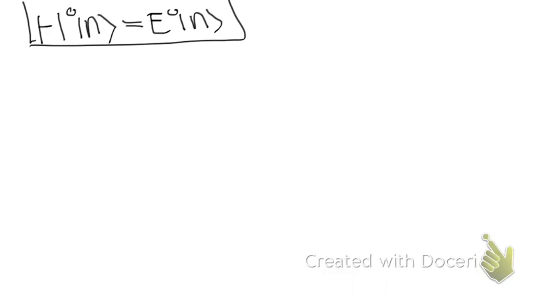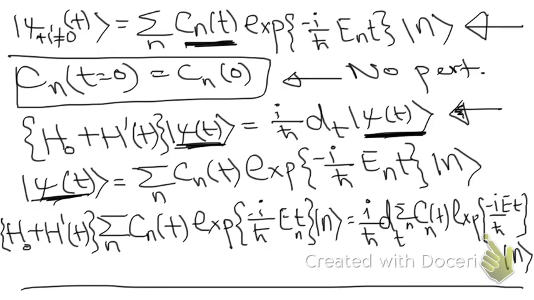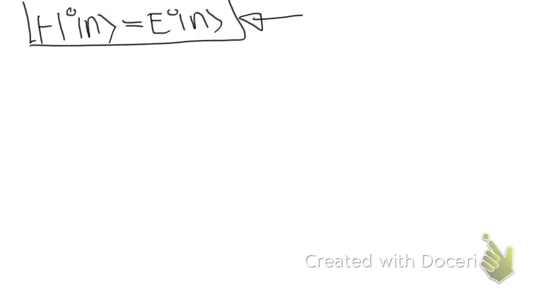And what I'm going to do is use this and substitute it in the equation that I wrote over here, this one. So let's go ahead and do this. When I do that, what do I get?